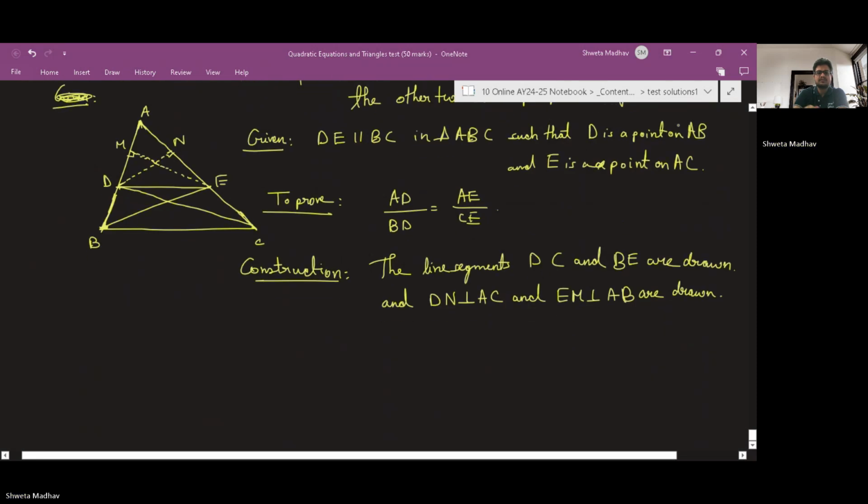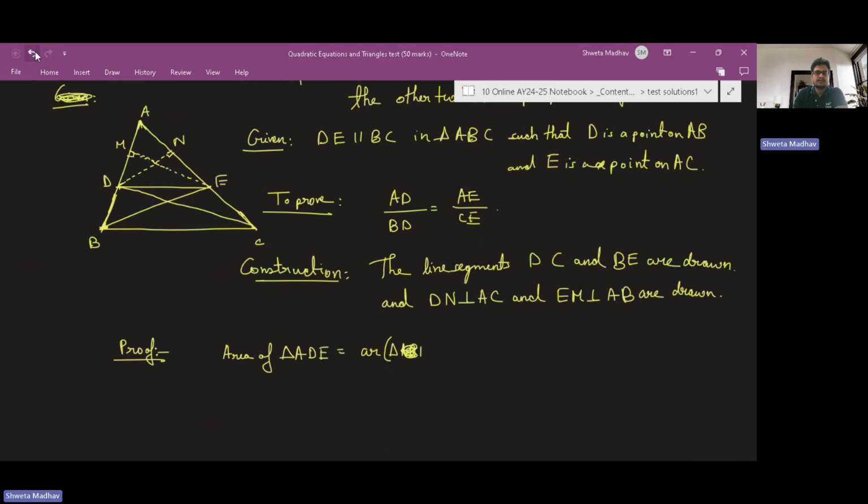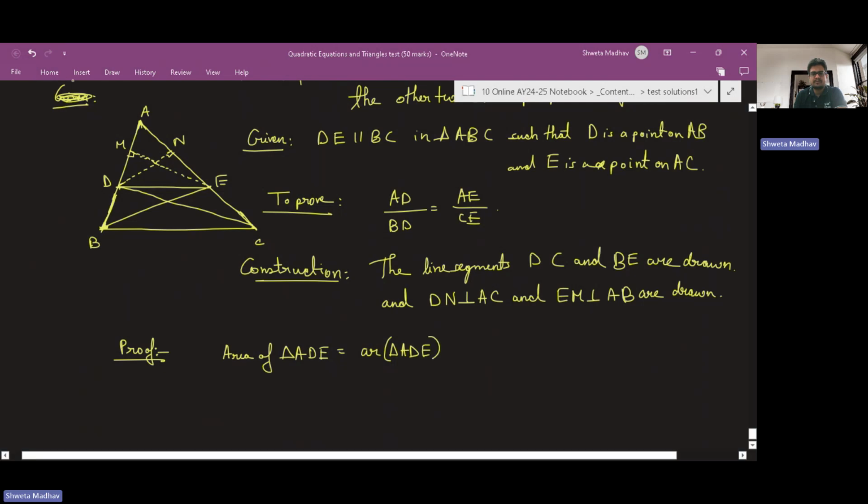So now the proof is that the area of triangle ADE will be equal to half into base into height.